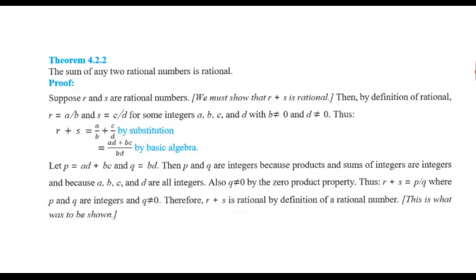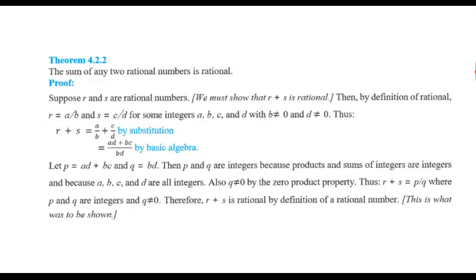Next, we see theorem 4.2.2 of the book, which says the sum of any two rational numbers is rational. In order to prove this, suppose r and s are two rational numbers, and we are going to show that r plus s is rational, so that we prove theorem 4.2.2.